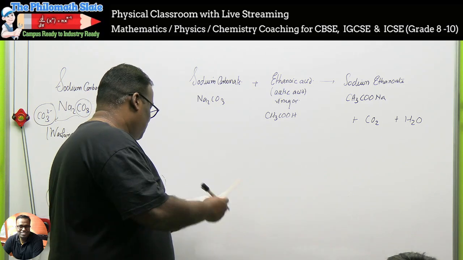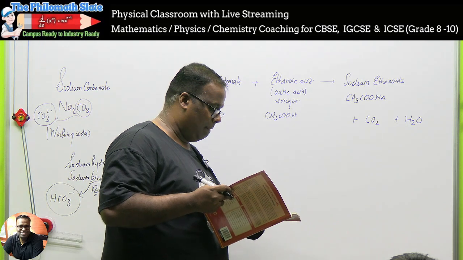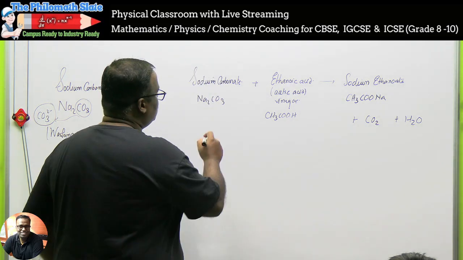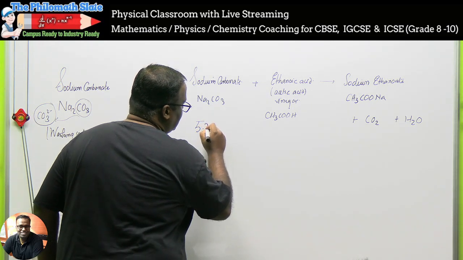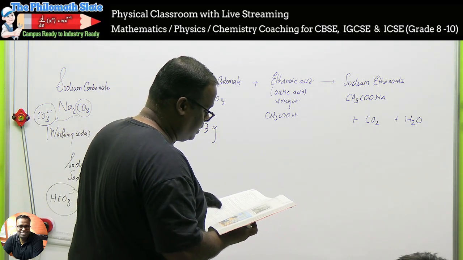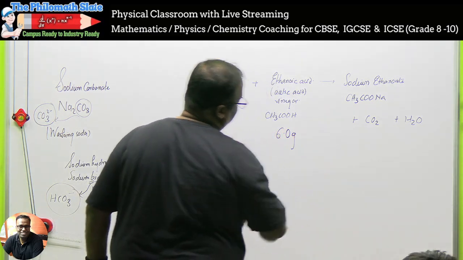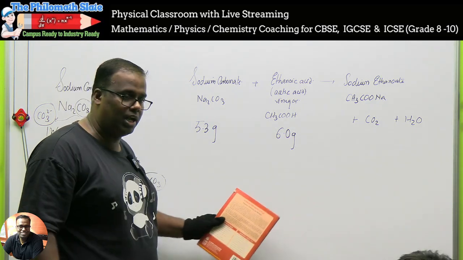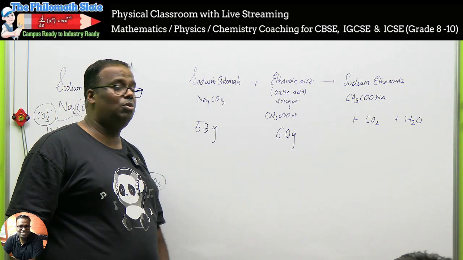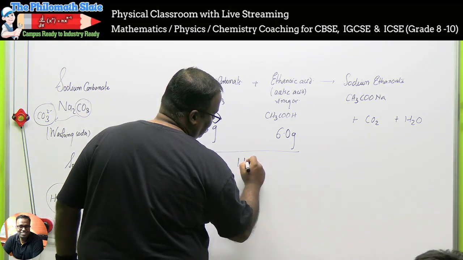Okay, so this is the reaction. Now in this reaction they are saying 5.3 grams, so they took 5.3 grams of sodium carbonate, reacted with 6.0 grams of ethanoic acid. So you got the mass of the reactants. Now the total mass of the product must be equal, how much must it be? 11.3. If you add these two, how much do you get? 11.3 grams.